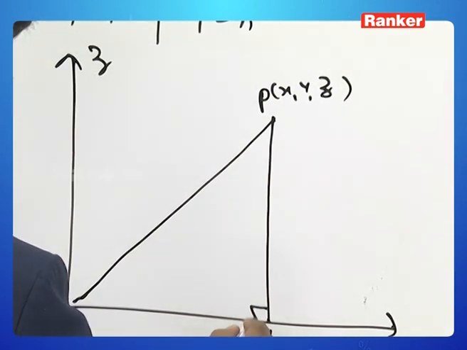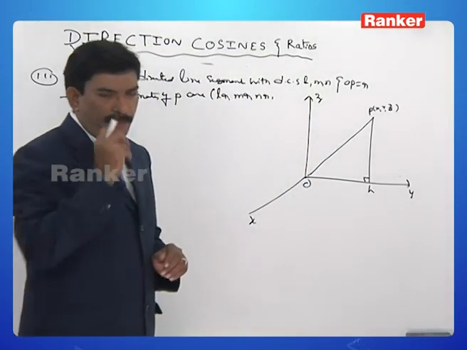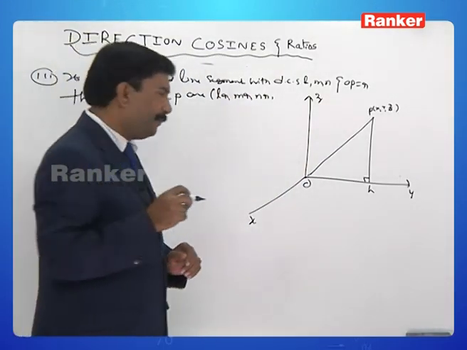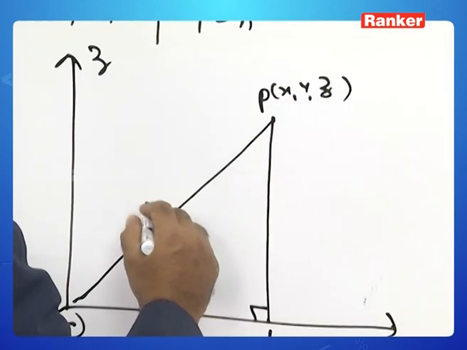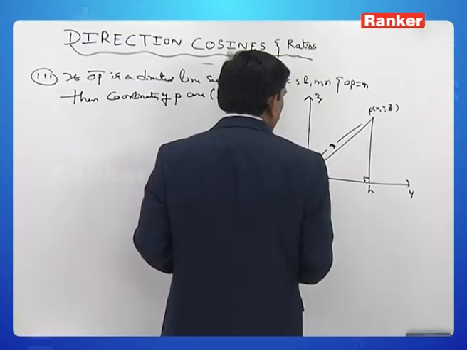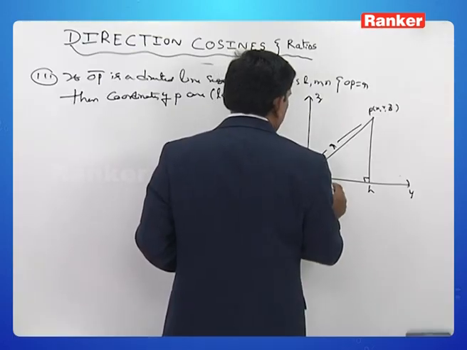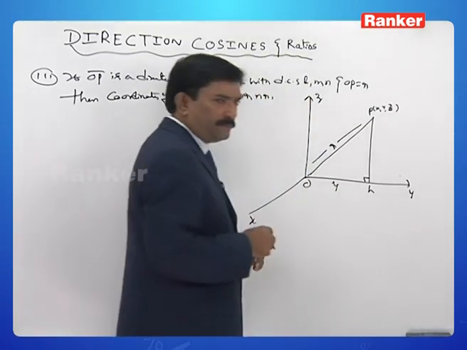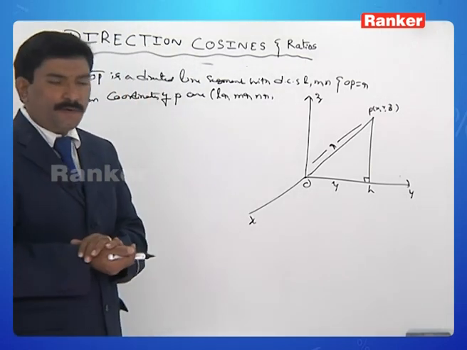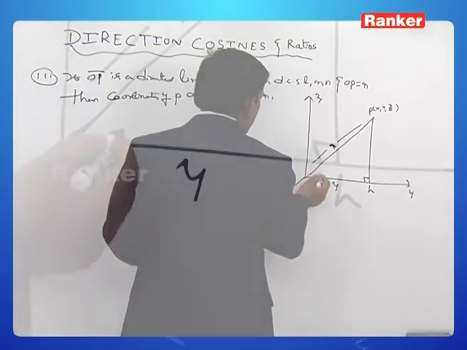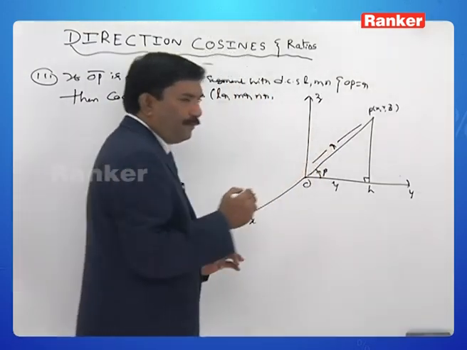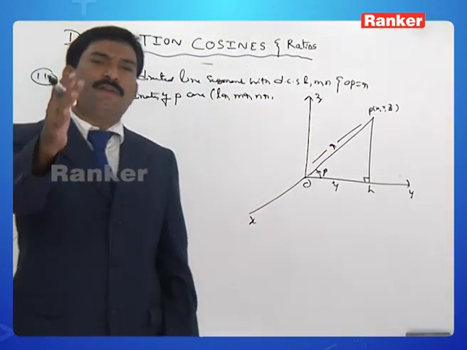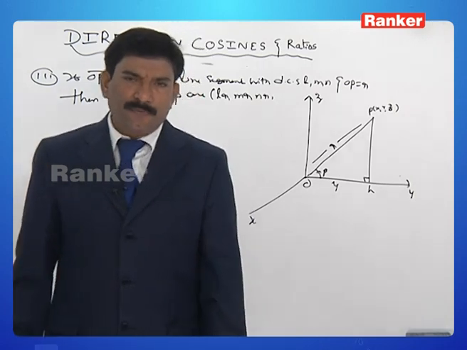Let it meet at L. Given the length of OP is equal to r, take this as r. No doubt, this is nothing but y. Let this line make an angle beta with the positive direction of the y-axis.